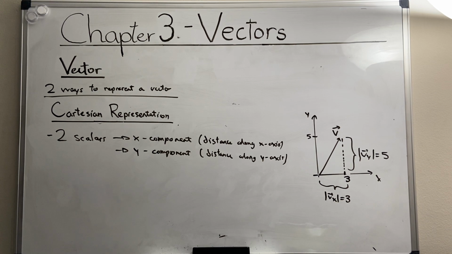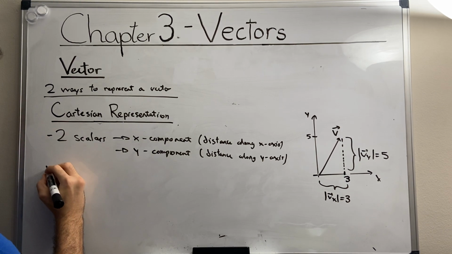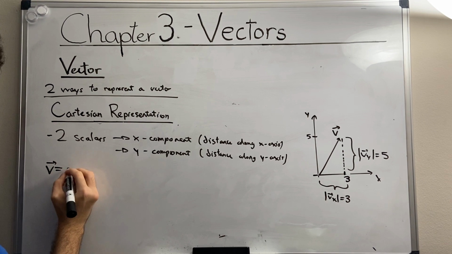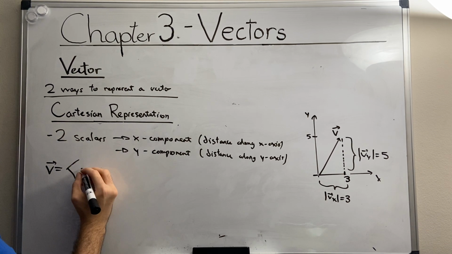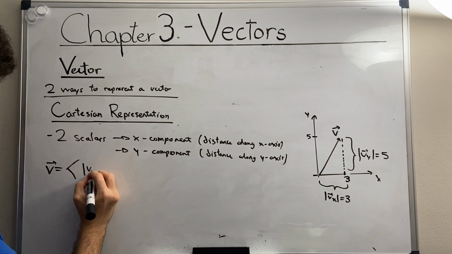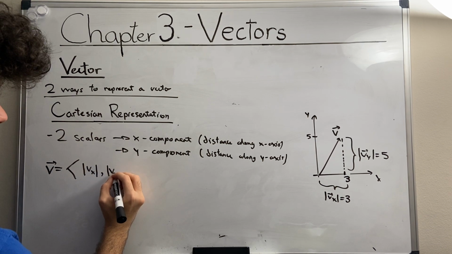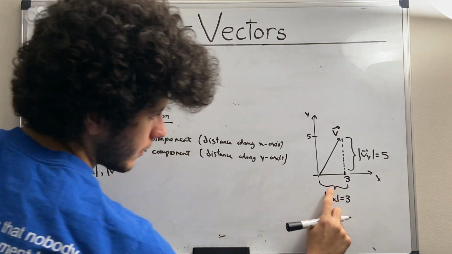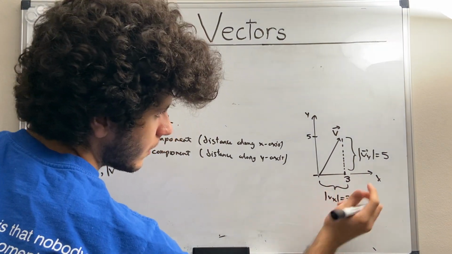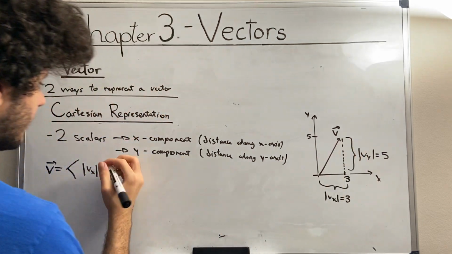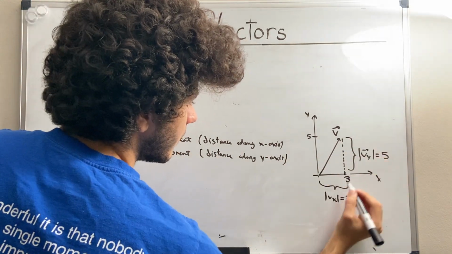And the way that we write that is the following. V equal to this, comma, this.